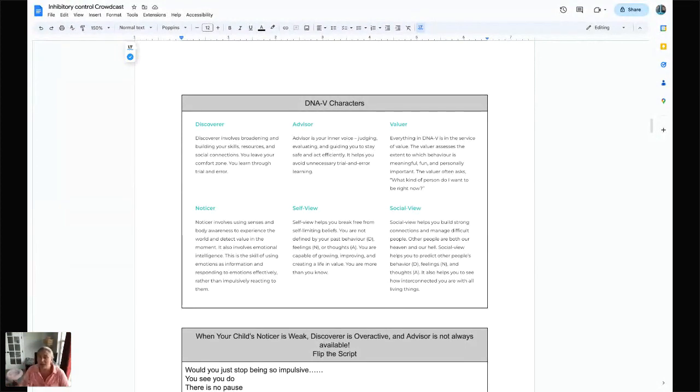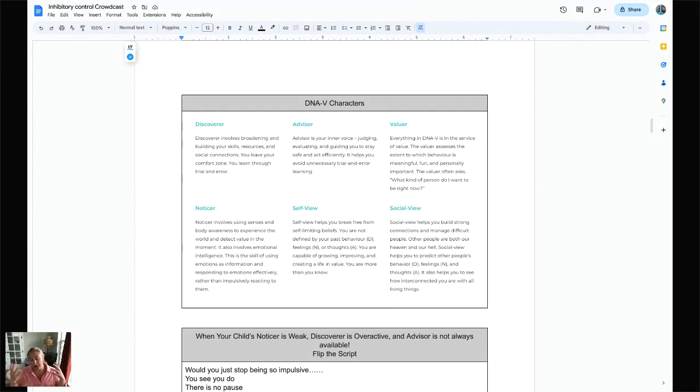That's that trial and error learning. And sometimes, when we've got a really impulsive individual, that discoverer is super overactive. It's like everything's new, everything's trial and error learning. Come on, let's go, let's do it. Which can be really helpful at times, but also really not helpful. And we'll get into that more.